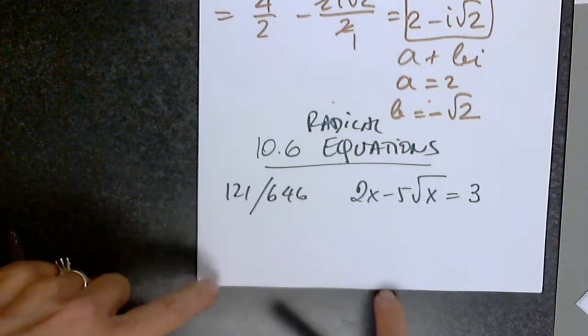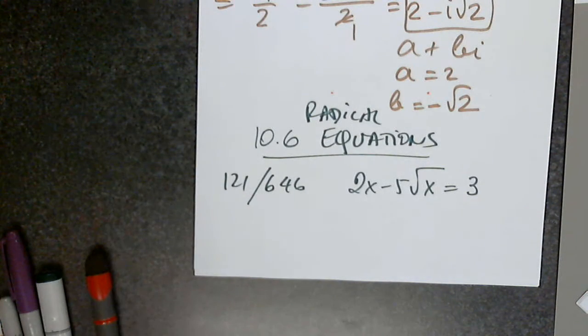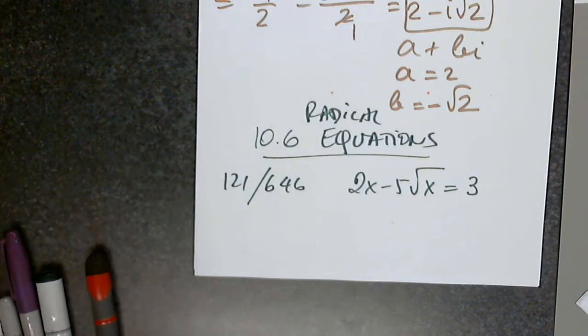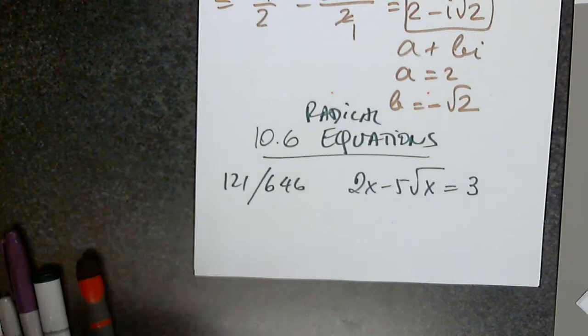Can anyone just get us started? First step for everyone to see what we need to do. Can anyone give us an idea of how would we even start this problem?